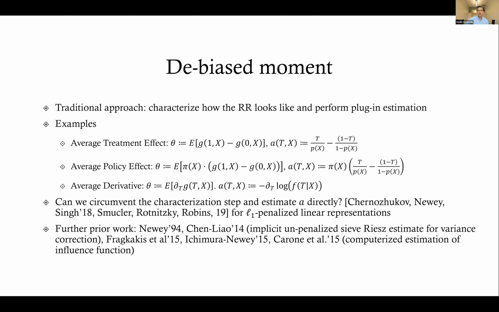But here, what we're going to ask is, what if we want to do generic ML for estimating A? We don't want to be restricted to using unpenalized linear representations. We want to be able to use any machine learning method for estimating that Riesz representer without the need to characterize it.